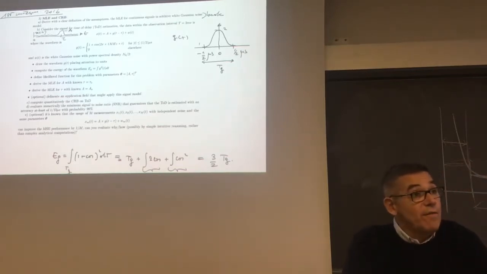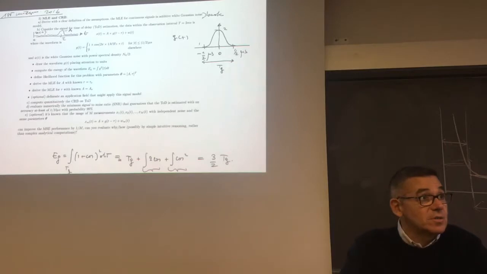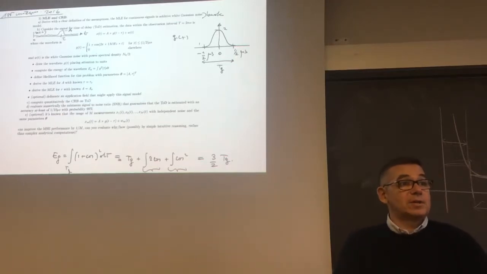Now, the waveform g(t) is 1 plus cosine of 2 pi times 1 megahertz times t, up to half a millisecond, and is 0 elsewhere. And W is white Gaussian noise with power spectral density N0 divided by 2.